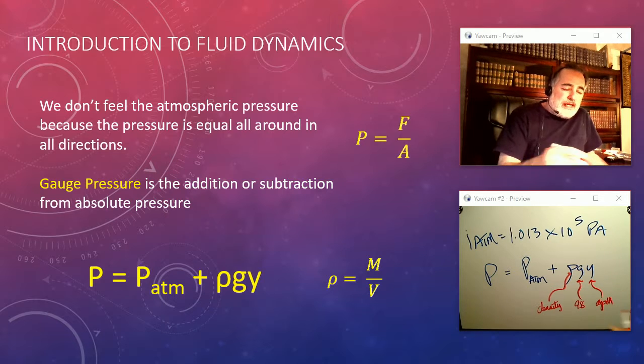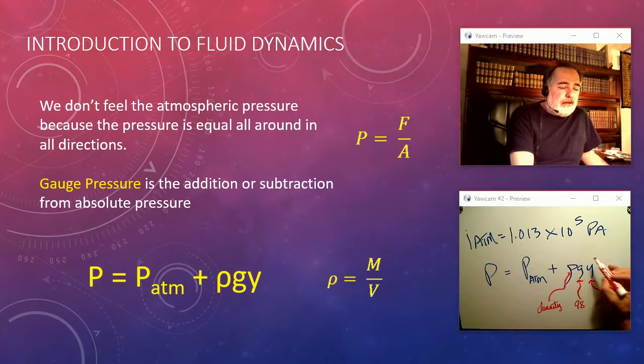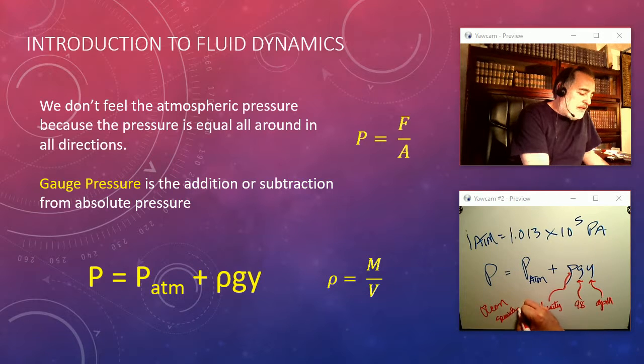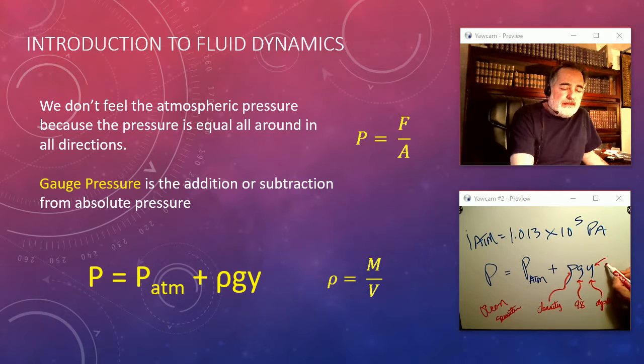If we're going down into an ocean, for instance, underwater, we would talk about seawater, right? Which would have its own density, times 9.8, and how deep we went would be y.